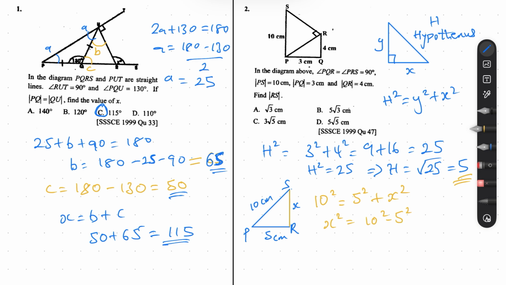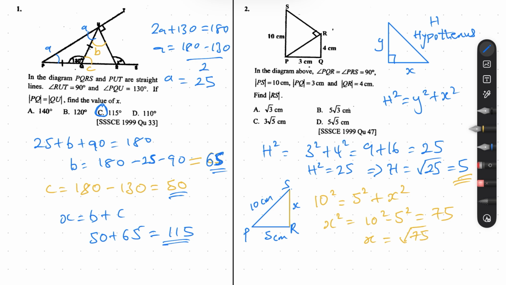This 10 squared is 100, minus 5 squared, which is 25. This gives us 75. So x squared equals 75, and our x will be the square root of 75.